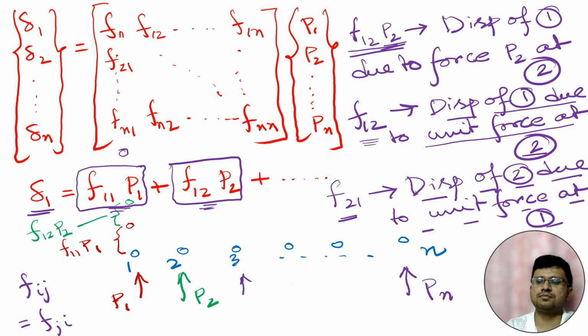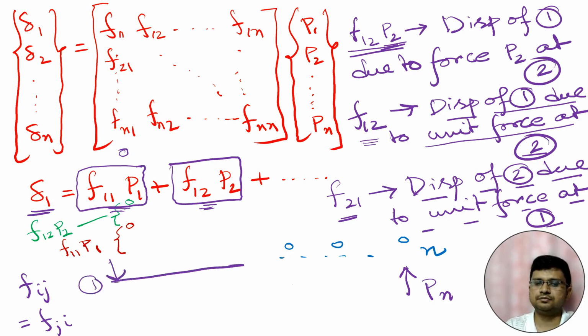And this is based on Maxwell's reciprocal theorem. If we apply unit force at node 1, there will be some displacement at node 2. If we apply the same unit force at node 2, the displacement at node 1, these two displacements will be the same.